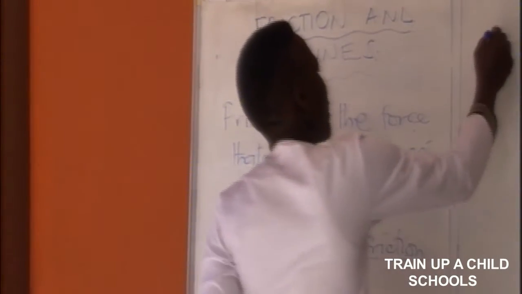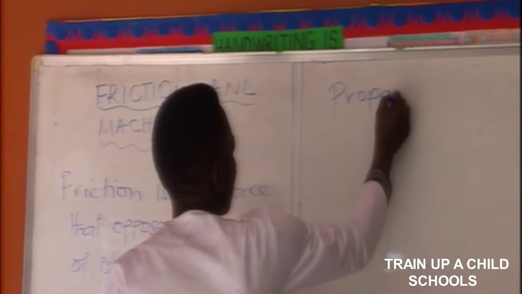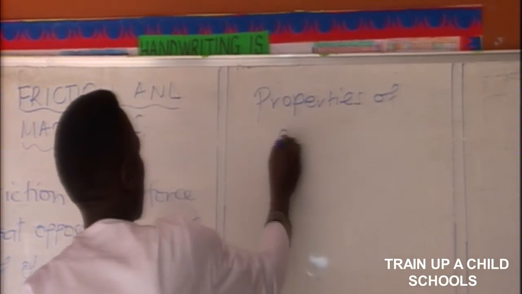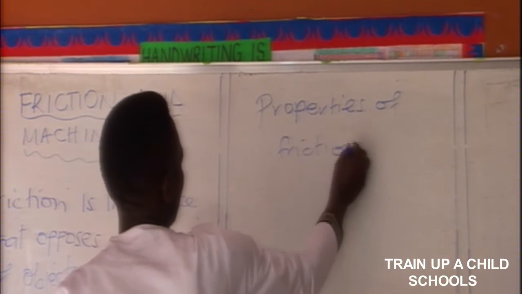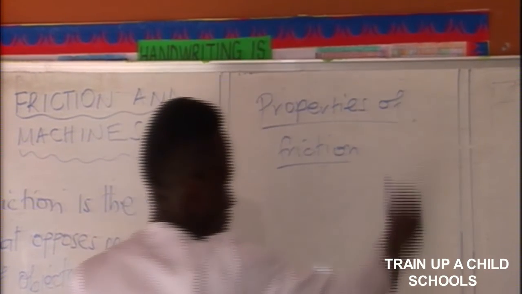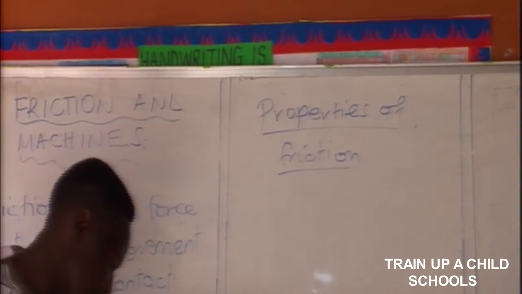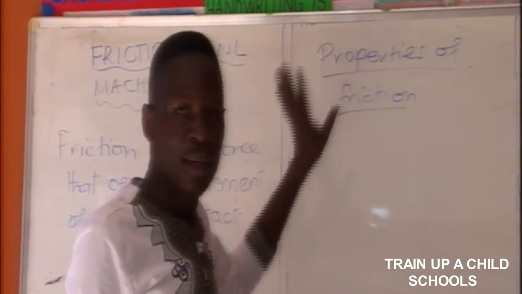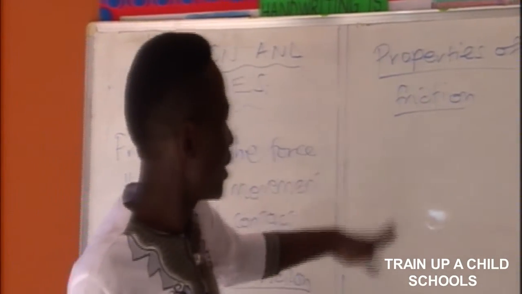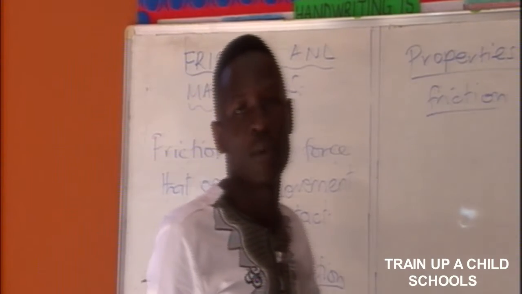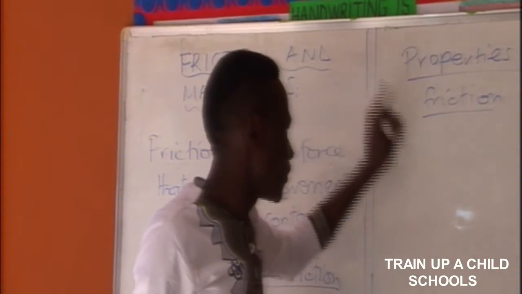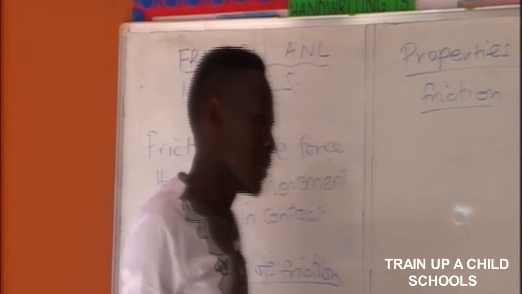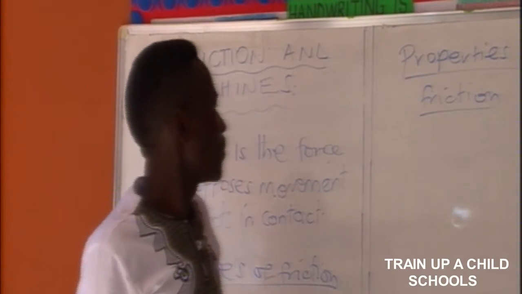We want to look at the properties of friction. What are the properties of friction? Basically, we have actually three properties of friction. One is whenever friction occurs, heat is produced. Two, friction is greater in rough surfaces compared to smooth surfaces.